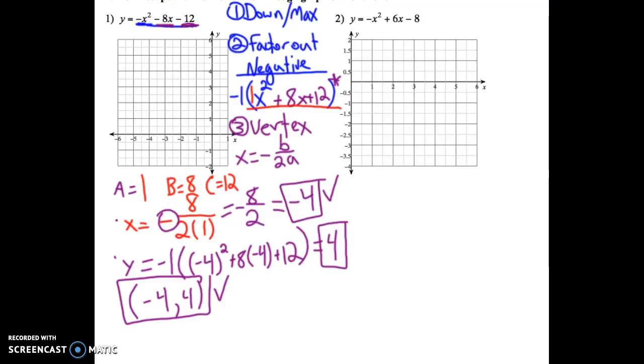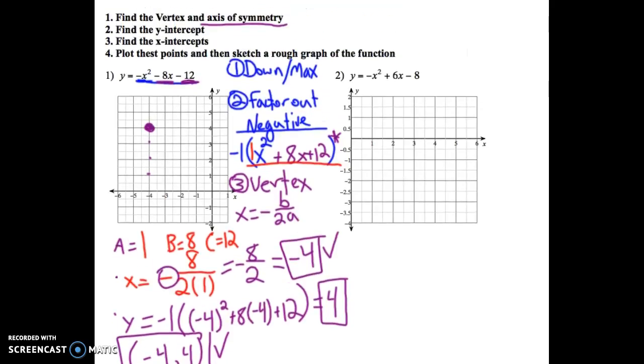I'm going to plot my vertex. I'm going to go over to negative 4, 1, 2, 3, 4, and up to 4. 1, 2, 3, 4. That is my vertex. At this point, if you've been able to plot the vertex, you are done with part 1. You can move on to part 2 and 3. So technically, I'm doing part 4 as I go. We're going to plot each point as we go. That is how you find the vertex and axis of symmetry.